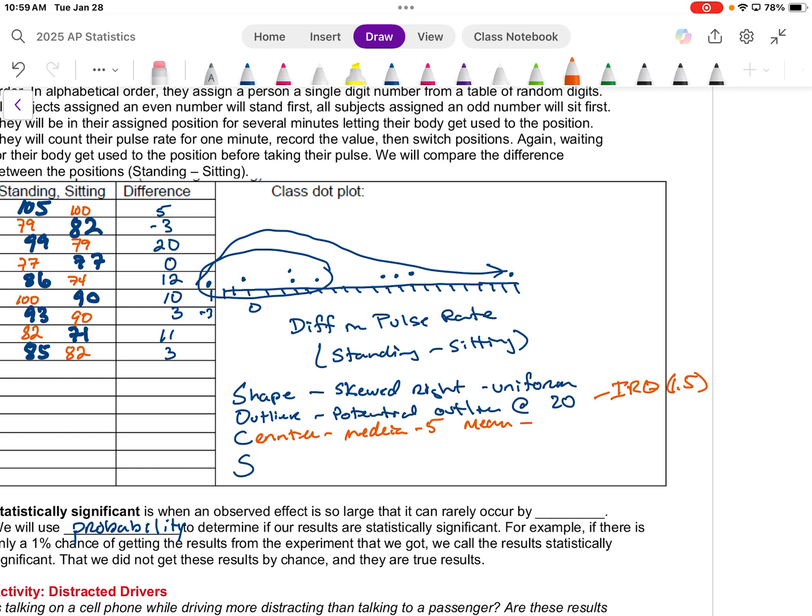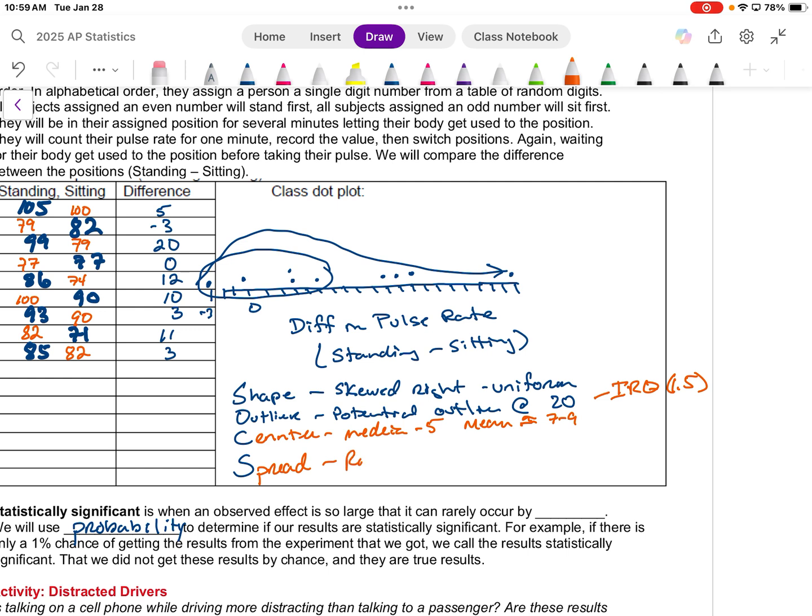If this is skewed, the 20 is going to make the mean a lot bigger than what it should be. I would assume the mean is around 7 to 9, might be bigger than that, just because of having the 20 there, having the 12 and the 11, these 4 big numbers. And then our spread.